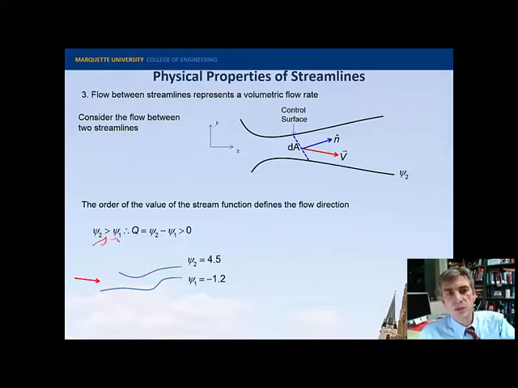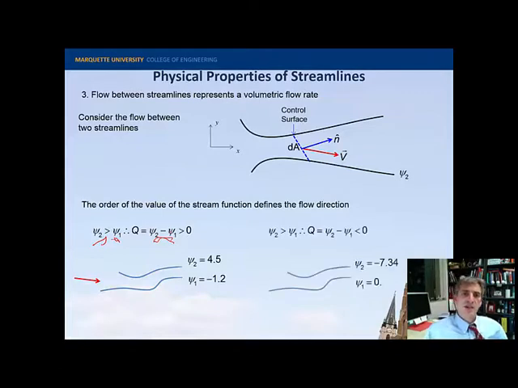If psi 2 is greater than psi 1, then of course this will be a positive quantity. The velocity is moving in the positive direction, right? The flow rate's moving in the positive direction. In a situation where psi 1 is greater than psi 2, it just changes the sign, right? So if psi 1 is greater than psi 2, the flow would be negative, so it's moving from right to left.